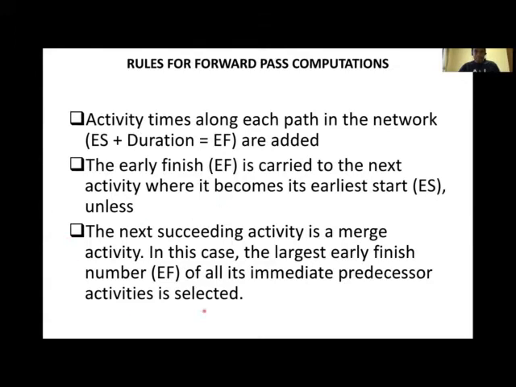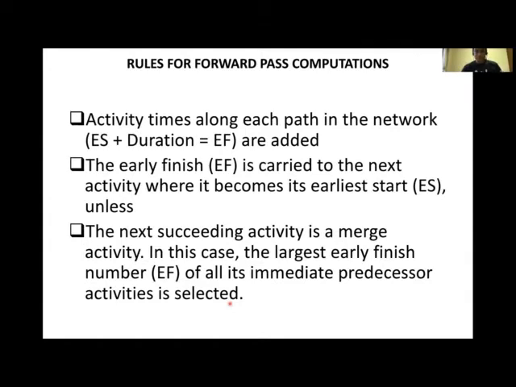Now, this is a key point. The next succeeding activity is a merge activity. What does it mean? If the next or the preceding activity comes from the two activities which are linking together, the merging activity, how do you know which early finish to pick and put as a start of the next activity?